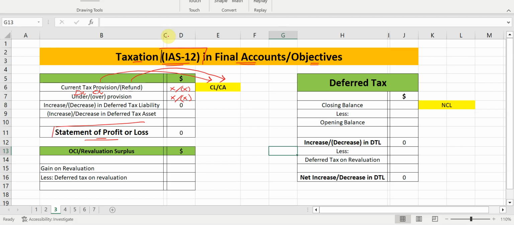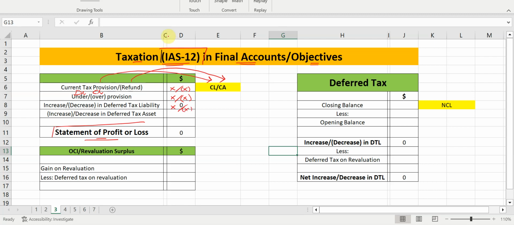And then we take the increase in the deferred tax liability. So how we usually calculate it, if there is no, for example, deferred tax on revaluation, then we simply compare the opening deferred tax liability with the closing, and if it is increasing, that increase is the expense, and a decrease in the deferred tax liability is the reduction in the expense.